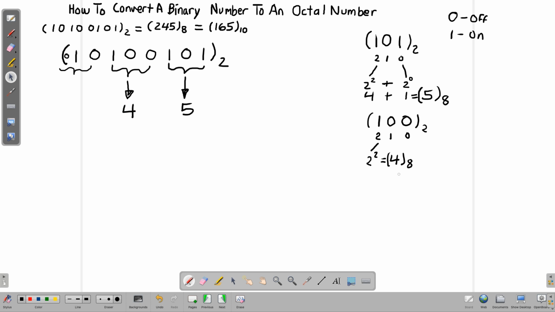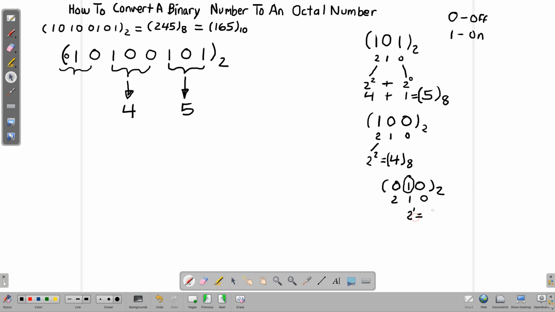Now let's look at the next group. We have 0, 1, 0. And of course that's in binary. This 0 here is in the 0th position. This 1 is in the first position. This 0 is in the second position. And we only care about this one since it's turned on. So we just have 2 to the 1st power.